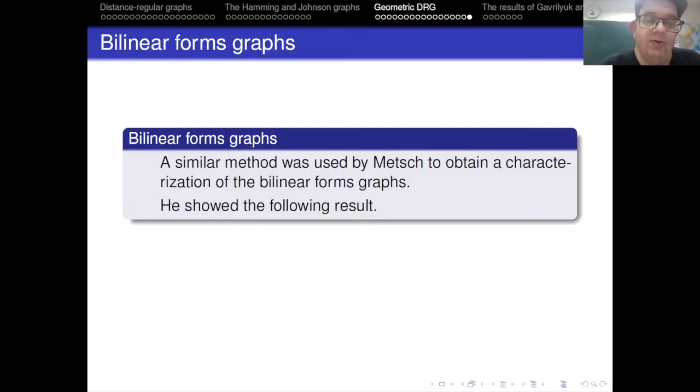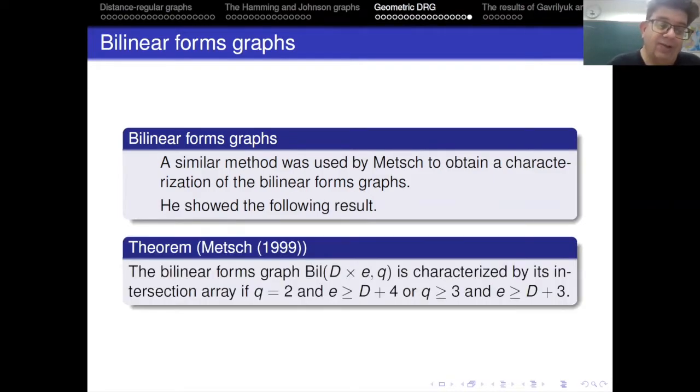Klaus Metsch used a similar characterization of bilinear forms graphs, but of course he needed to use a different result than the Ray-Chaudhuri and Sprague result. What he showed is the following, and it is less satisfying for bilinear forms graphs, because you still have many open cases, and we don't know what to do there.